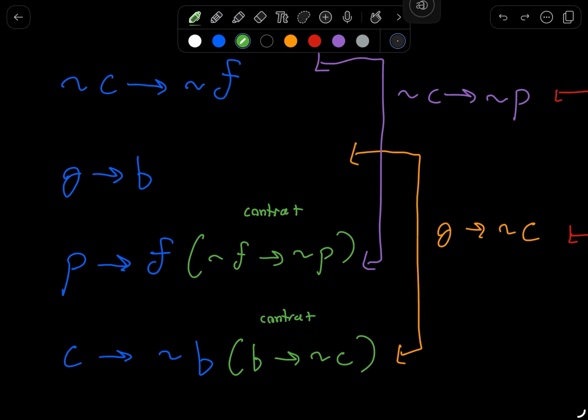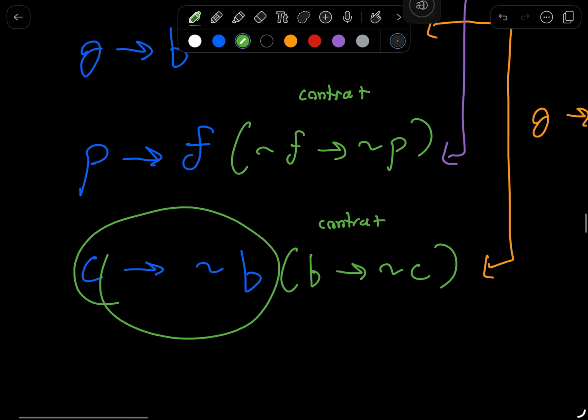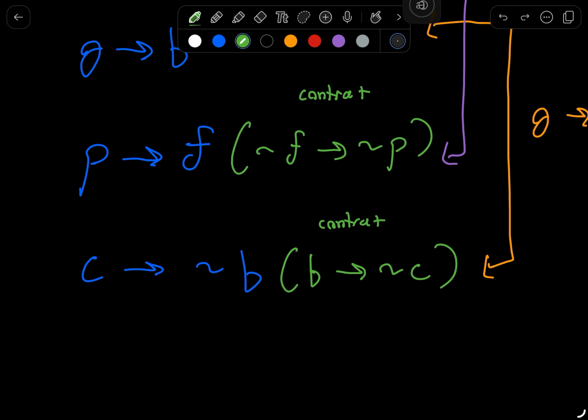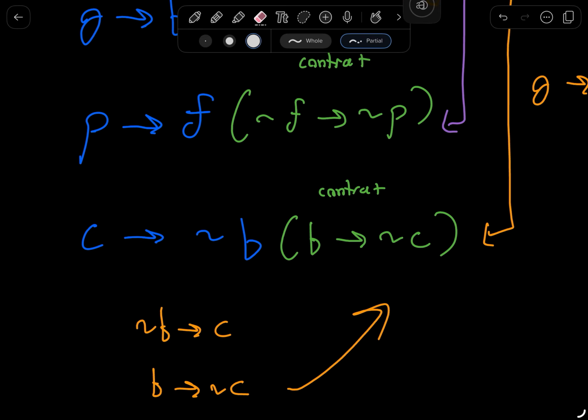So instead of P to F, remember it would be not F to not P, because you're not only doing the converse, but you're also negating. So this would become not F to not P. Same thing with this. Remember, first you switch the order of those two, so this becomes not B to C, and then you negate it, so this becomes B to not C. So that's how you find the contrapositive.